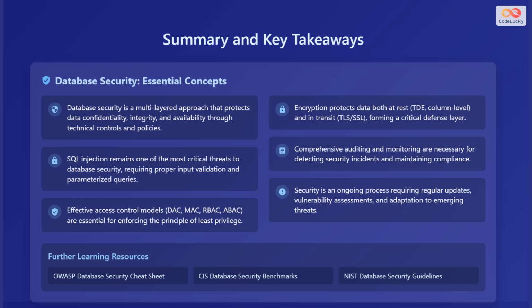Encryption protects data both at rest, like through transparent data encryption and column-level encryption, and in transit, such as through transport layer security, forming a critical defense layer. Comprehensive auditing and monitoring are necessary for detecting security incidents and maintaining compliance. Security is an ongoing process requiring regular updates, vulnerability assessments, and adaptation to emerging threats.